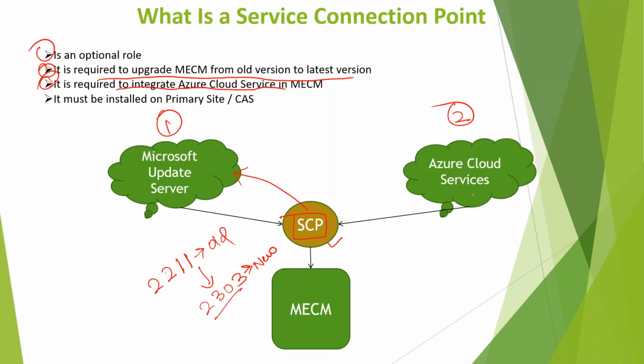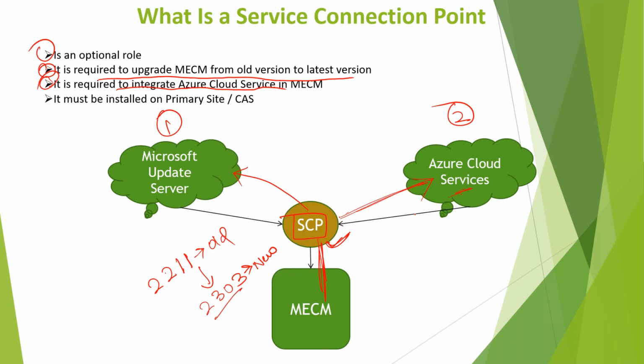The second one is, you will be able to connect with Azure cloud services like Azure Active Directory, or you can connect with Cloud Management Gateway, or co-management. All of this you can do through the service connection point. It is like a communication bridge between SCCM and Azure cloud services.